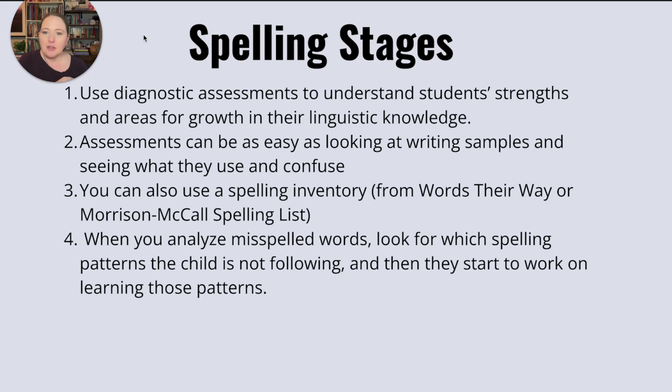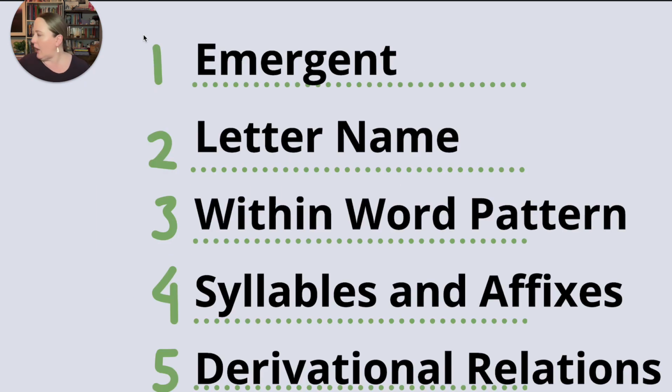A lot of people use a spelling inventory. Words Our Way has a spelling inventory. It's been around for a long time. There's also the Morrison McCall spelling list. I think you can find the spelling inventories online if you just do a Google search. You can use that to analyze where they have misspelled words and look for which spelling patterns they've maybe started to use but are confusing or don't have at all. And then it will tell you where to start.